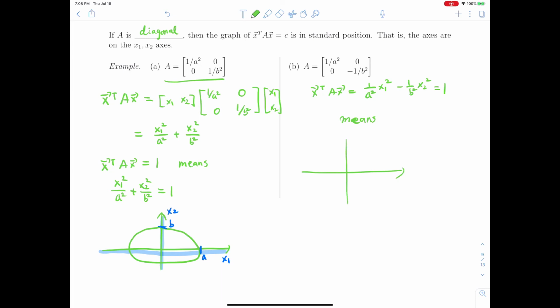So we have x1 and x2 here, and the graph of the hyperbola is given by this. We know that the vertex is located at A, and there are two asymptotes. Again, this is in the standard position with principal axes x1 and x2.